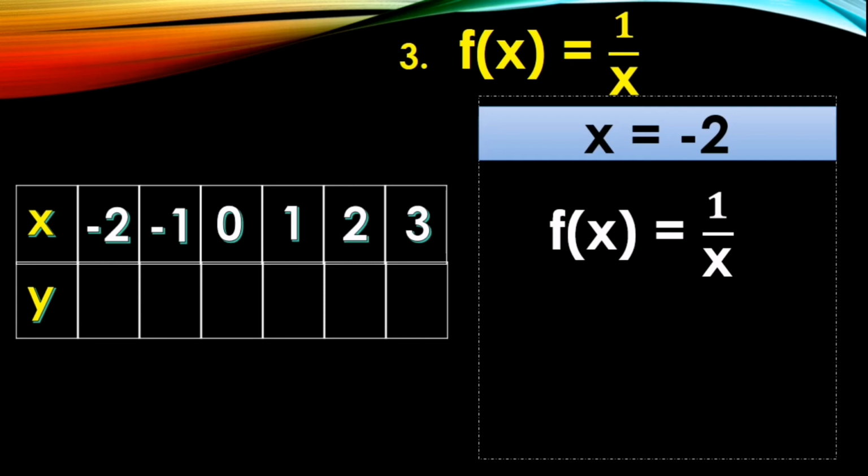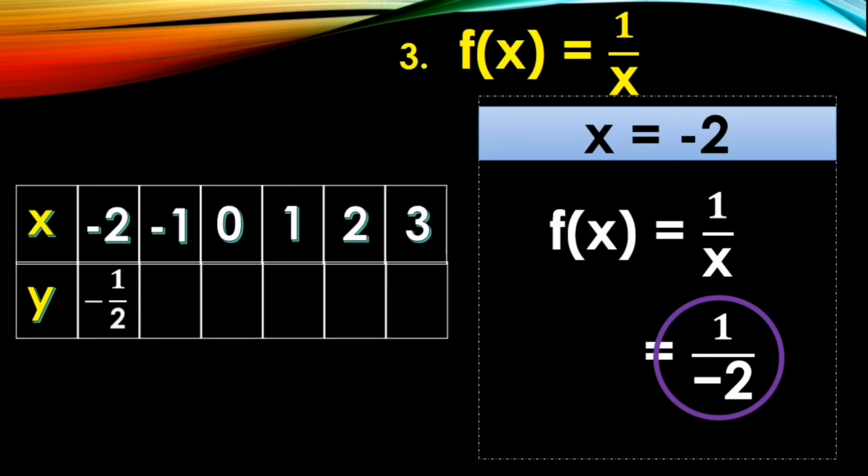In order to solve that, we will copy first the function f of x is equal to 1 divided by x. And then substitute the value of x, which is equal to negative 2. This will become 1 divided by negative 2. Now, if x is equal to negative 2, the value of y is equal to negative 1/2.